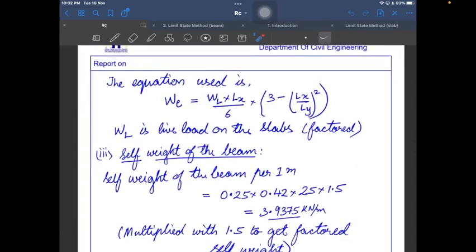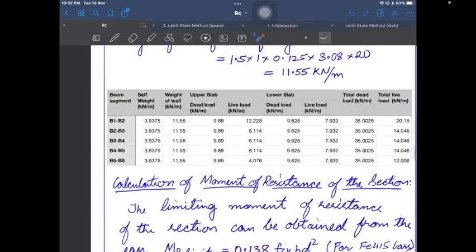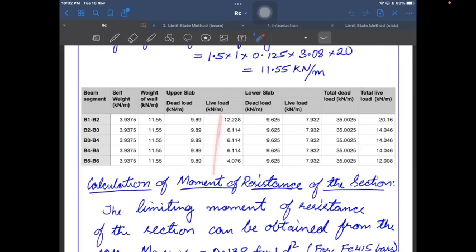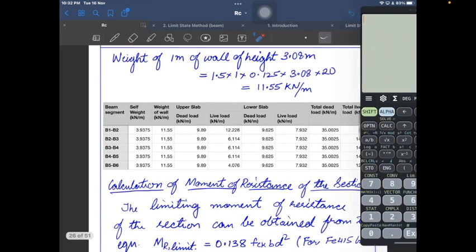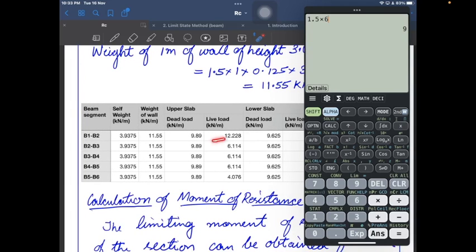Live load is different, so I have directly calculated live loads here. I'll show you an example: 1.5 into 6, like our library is on the upper grid, so 1.5 into 6 into lx, where lx is 4.4 and ly is 4.076.